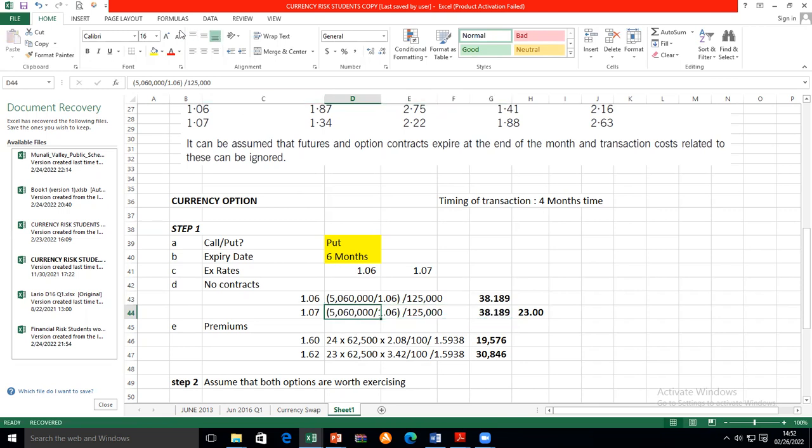How many contracts? 38 contracts, 37. Excellent, that's what we discussed.